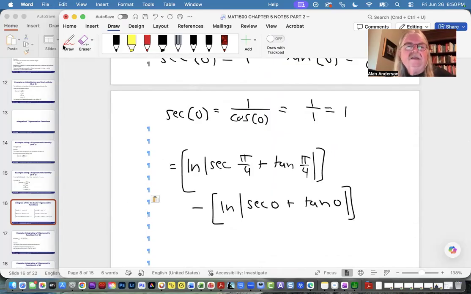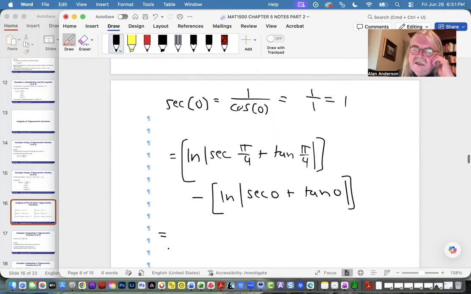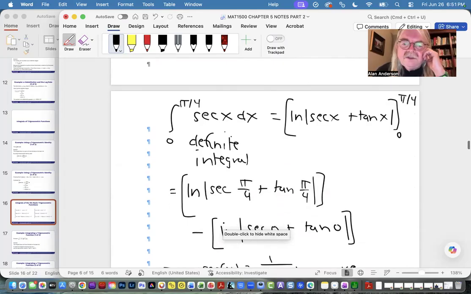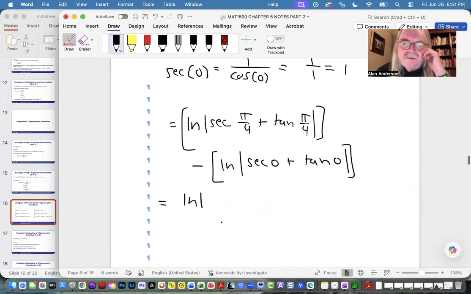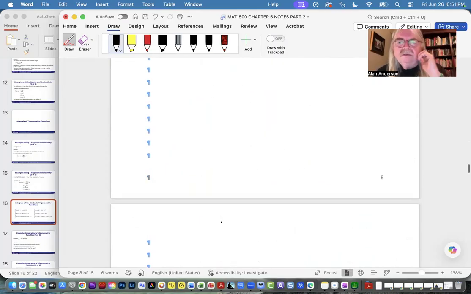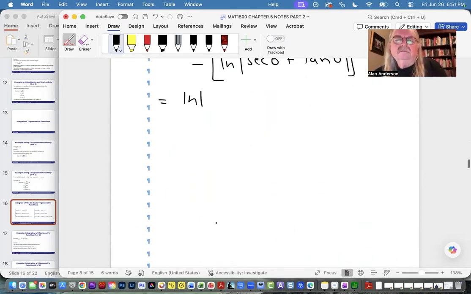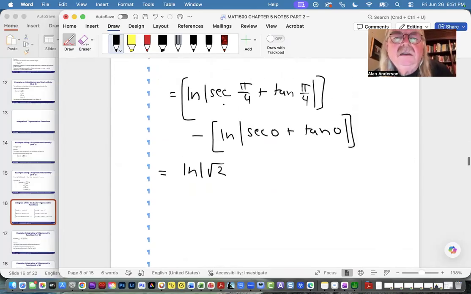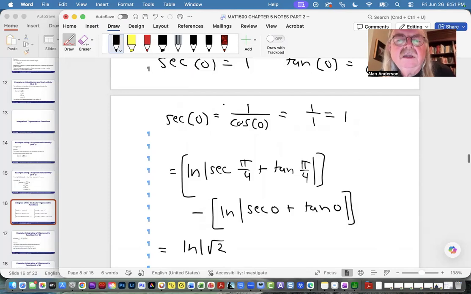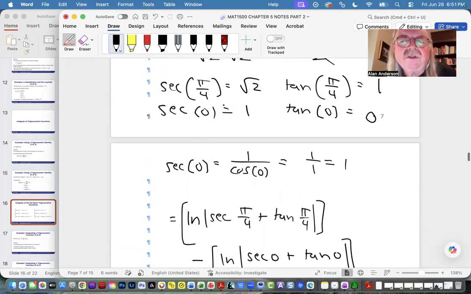And again, don't forget, we still at some point have to take natural logs. Secant pi over 4, we just found to be radical 2. Then we add the tangent of pi over 4, which is 1.